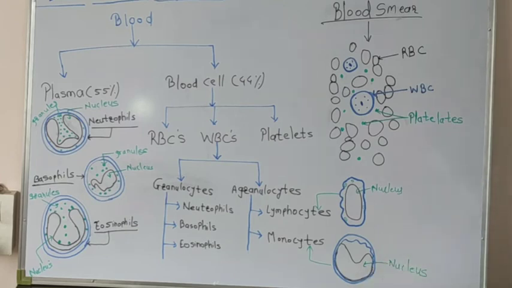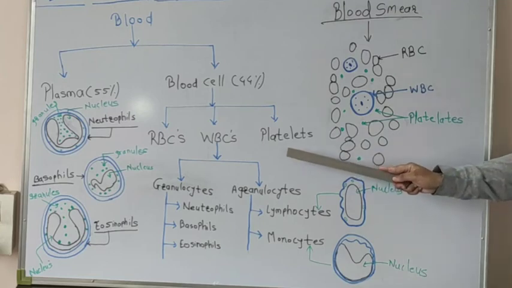Monocytes are about 3 to 5% of the WBC, but they are very actively motile. They have a phagocytosis property, so they destroy pathogens, bacteria and damaged tissue. These are all destroyed by this phagocytosis property.